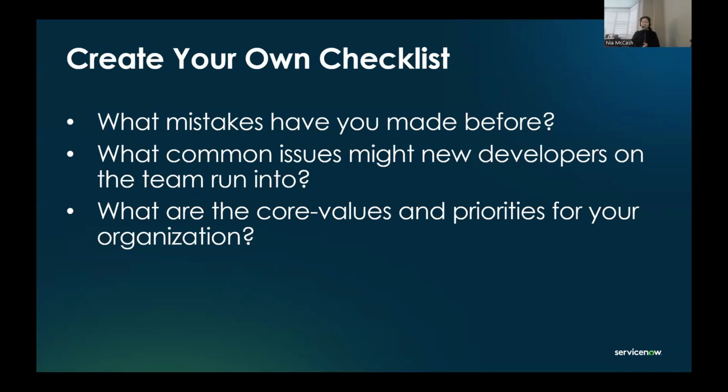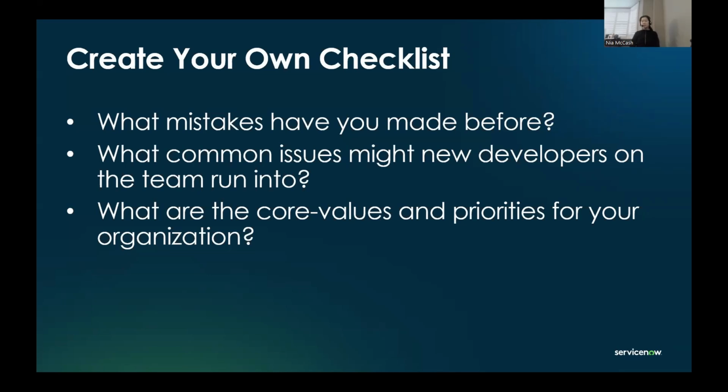So what I've gone over with you are just some of the items on my personal dev review checklist. Your checklist, or your organization's checklist, may look different based on the priorities and challenges of your own situation. I started by thinking about what common mistakes I've personally made in the past, because they might be pitfalls for other developers too. I think about what common issues new developers on my team might run into.